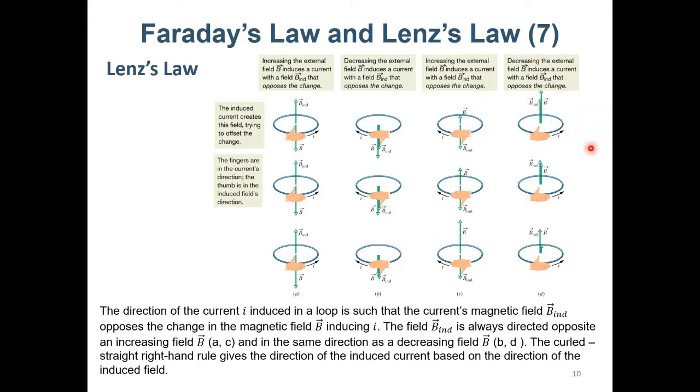So at the final stage, for the external B field is decreasing, then the induced B field should be pointing upward to oppose the change and follow the right-hand rule. The current is going counterclockwise. So any questions? This is a bit complicated.